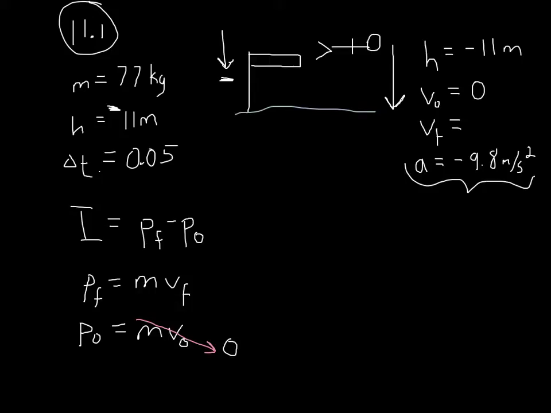I can use all of these to find my final velocity using the equation 1/2 times (vf squared minus v initial squared) is equal to a times the change in y, where in this case our change in y is just our height.